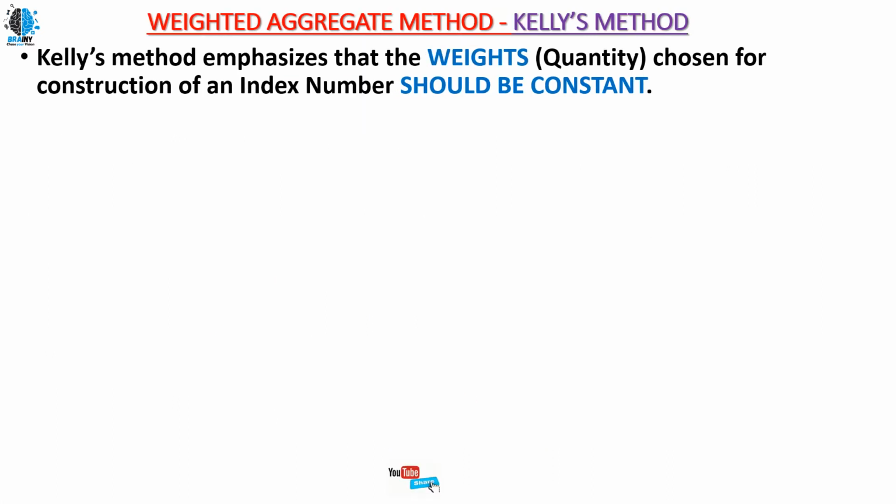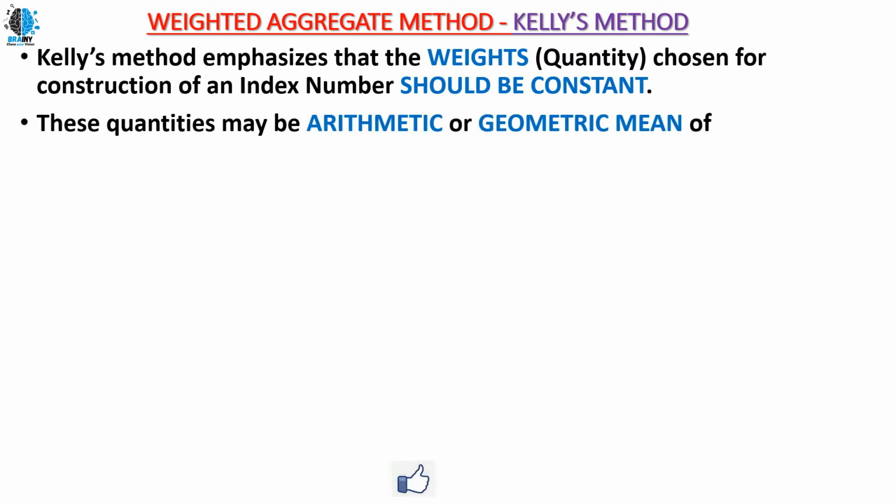Next we have Kelly's method. Kelly's method emphasizes that the weights, which are nothing but quantities, chosen for construction of an index number should be constant. So the author has focused on weights, and these weights should be constant. These quantities may be the arithmetic or geometric mean of quantities of 2 or 3 years.